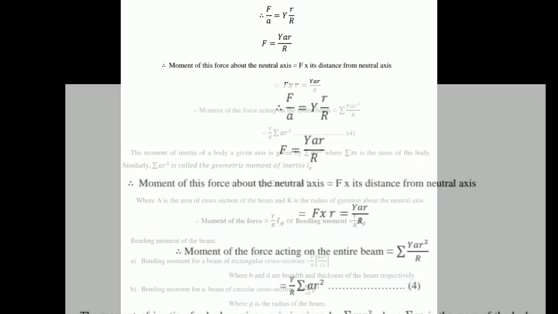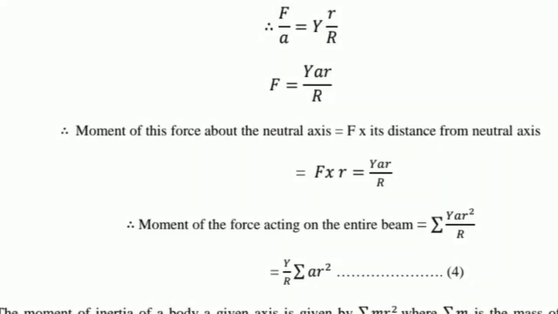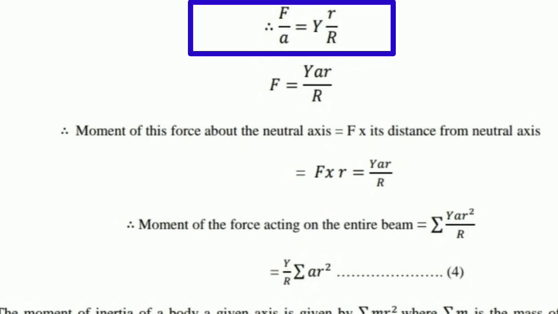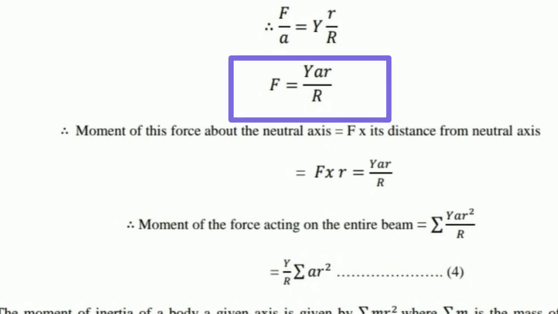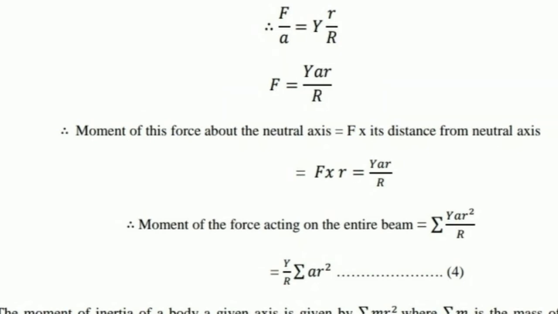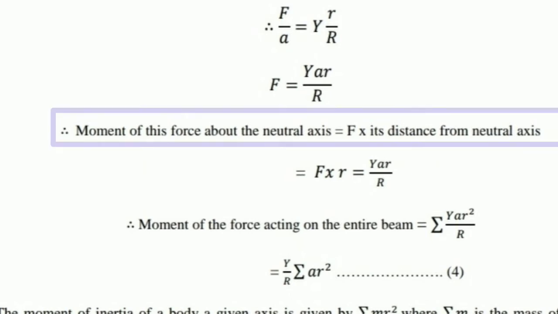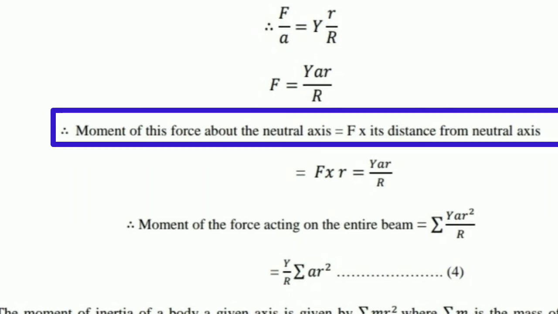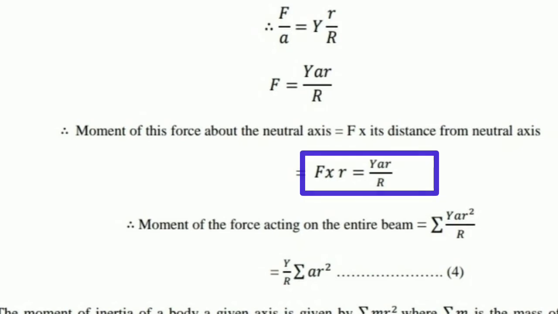By using equations 3 and 2, we can write F by A is equal to Y into r by R. Rearranging the equation, we get F is equal to Y into A into r divided by R. We can say the moment of the force about the neutral axis is equal to force into its distance from the neutral axis, so F into r, that is, Y into A into r square divided by R. This is the equation we got when we considered only one element of the beam.